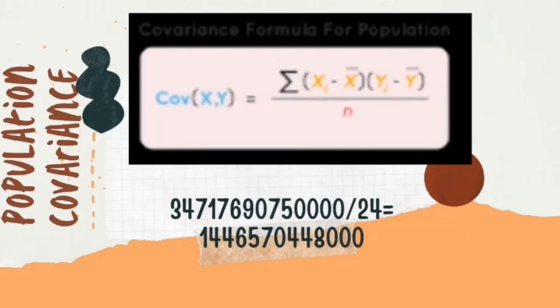For the population covariance, you just add all covariance and then divide it by 24, and the answer is 1,446,570,448,000. Sample and population covariance show good growth for domestic and international travel worldwide.